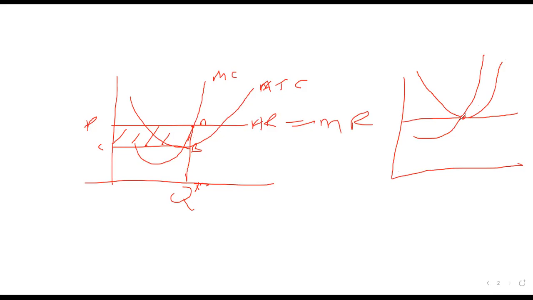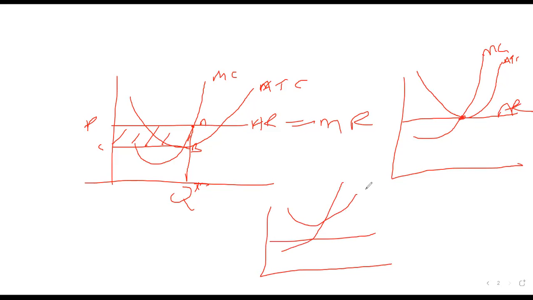So we reach this point, which is called the shutdown rule. So here they'll make economic profits. This is the marginal cost, this is the average total cost, and what cuts in between is the marginal cost. Then this is the AR, average revenue, until you reach the long run, where now firms are operating at higher costs.